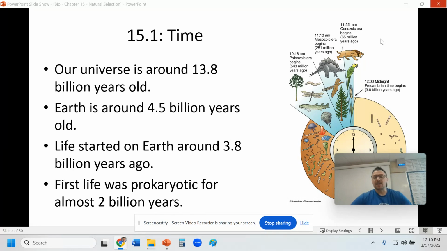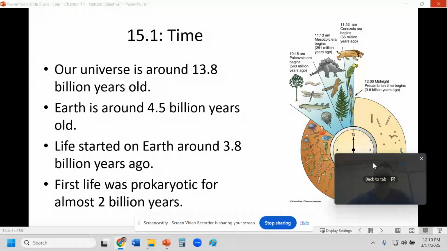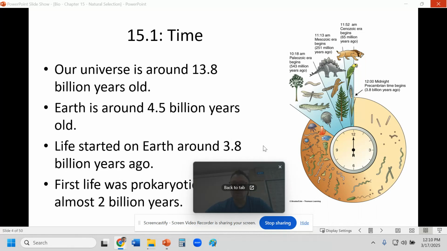All these dates I like to go over with my students before we get into what evolution is, because this gives us the framework and sets us up to understand how evolution could have occurred for that long. So on a clock, if you look here, most of our existence on Earth has been very simple, single celled.